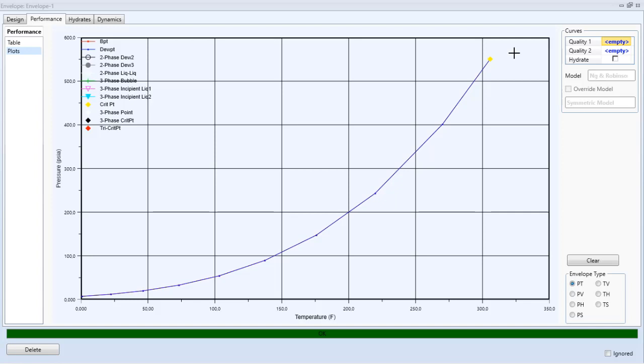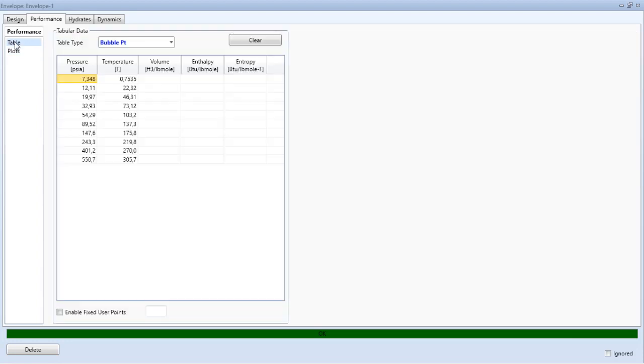To verify the critical point of a fluid, if you are using Aspen HYSYS, you just need to go to the table of the phase envelope and verify the highest pressure and also temperature. This pair of information is the critical pressure and the critical temperature of the fluid.